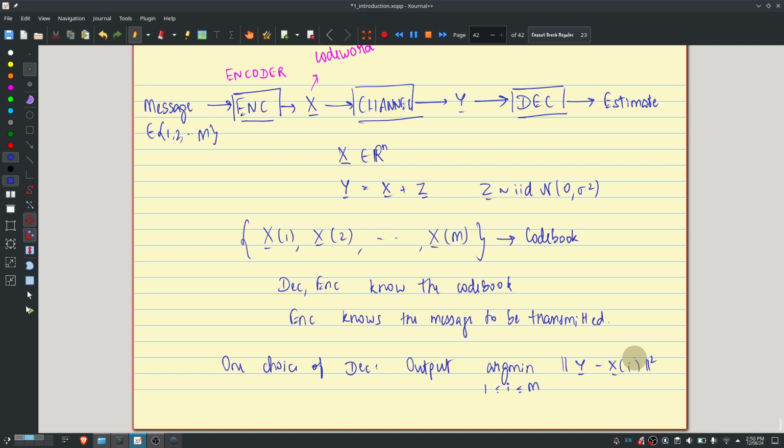So that is one possible decoder. It's called the minimum distance decoder. And if you've taken a course in digital communications, this also happens to be the maximum likelihood decoder.